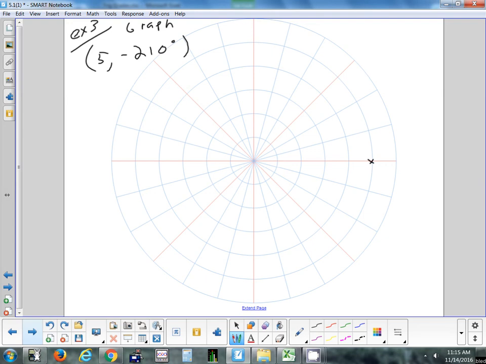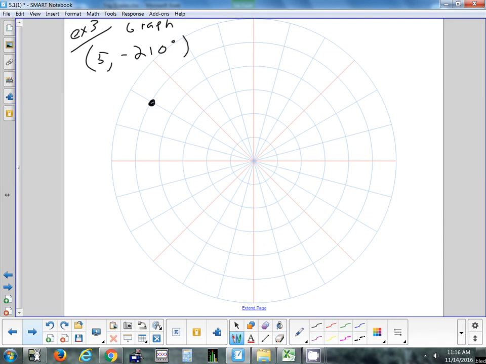And we're going to move 210 degrees. And which way am I going to move this time, Dan? Yeah, I'm going to move clockwise. So what I usually do is, if I go halfway, that's 180. And then 210 is 30 degrees beyond that. So there's your point.